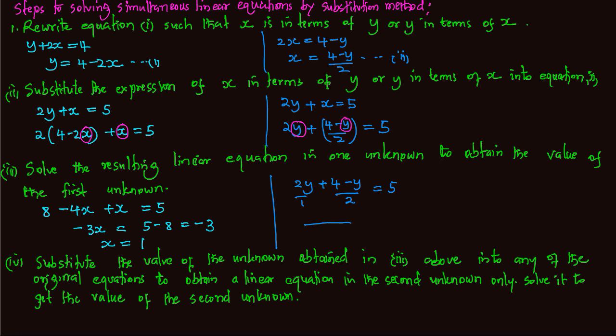The LCM is 2. 4y plus 4 minus y is equal to 10. For y, 4y minus y plus 4 is equal to 10. 3y is equal to 6. y is equal to 2.